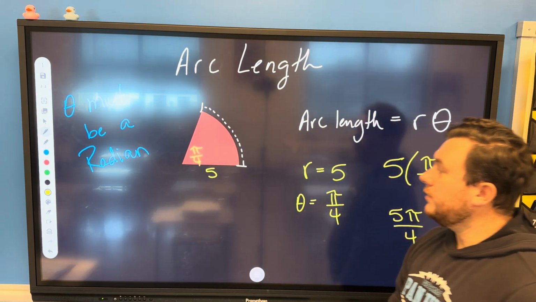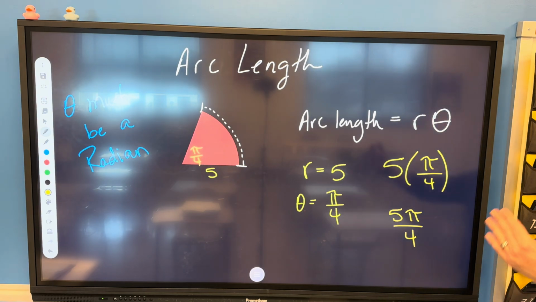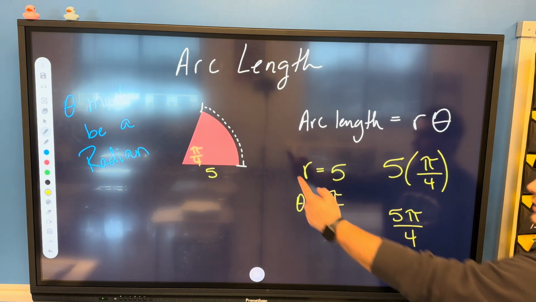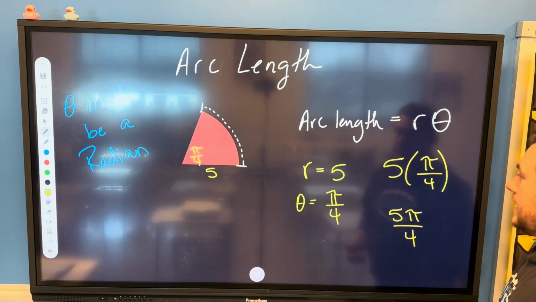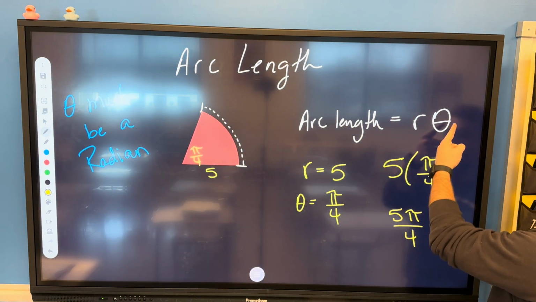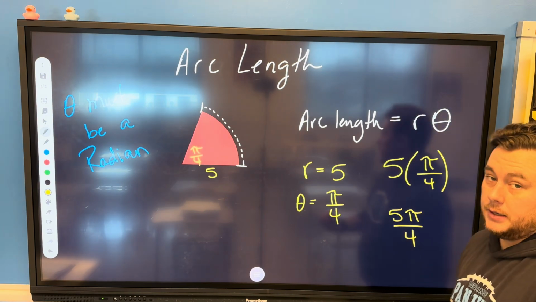And that's the length of the arc from one point to another, from here down to here. Arc length is that simple. What's the radius? Multiply it by the radian.